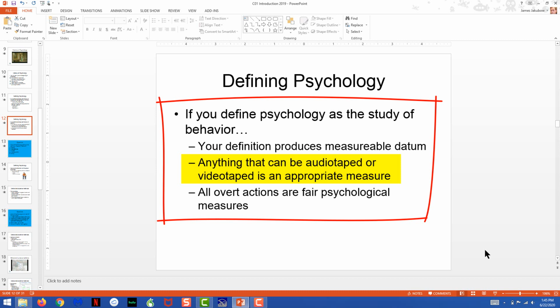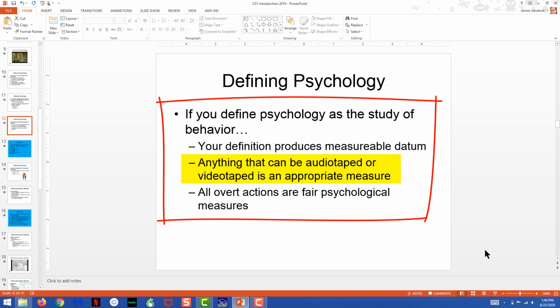So the source of overt behavior is always publicly observable, so that you can record it here and send it to your Chinese colleagues on the other side of the globe and they could evaluate exactly what you're looking at. And it is an objective measure, or it lends itself to being an objective measure, so that everybody can measure the activity in exactly the same way.